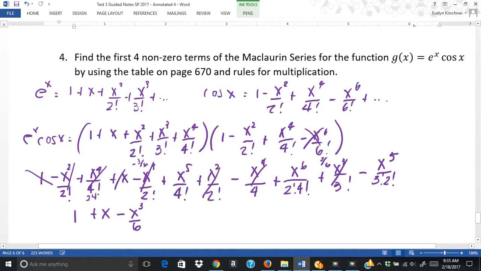So if I go over 24, it becomes negative 6, and I have another x to the 4th power that I'm missing here. When we add them up, it becomes minus 4 x to the 4th over 24.